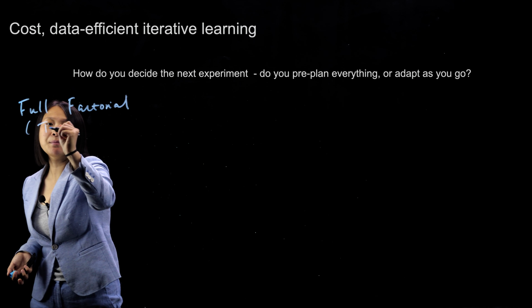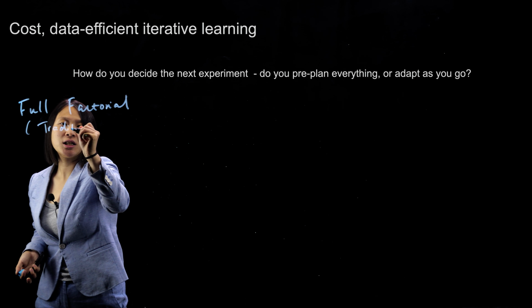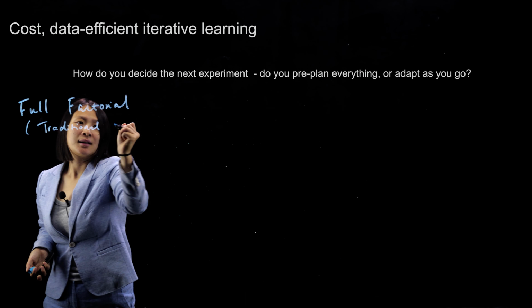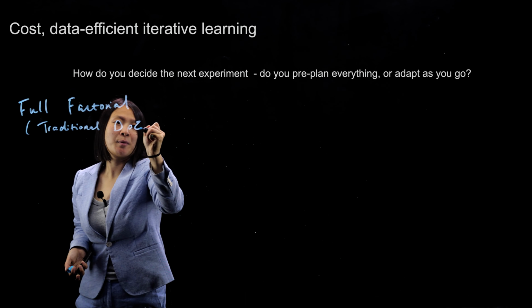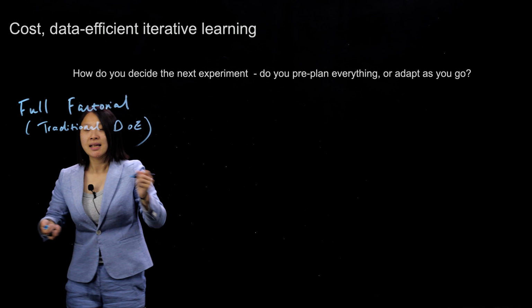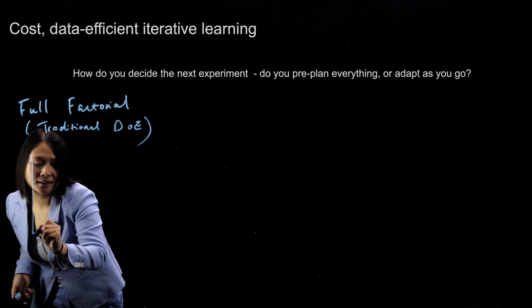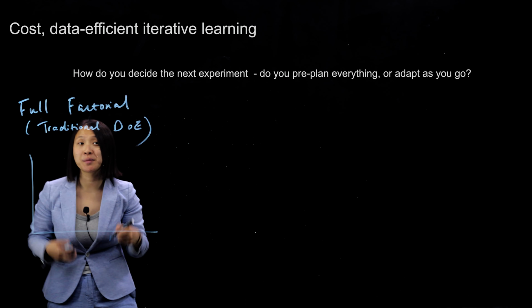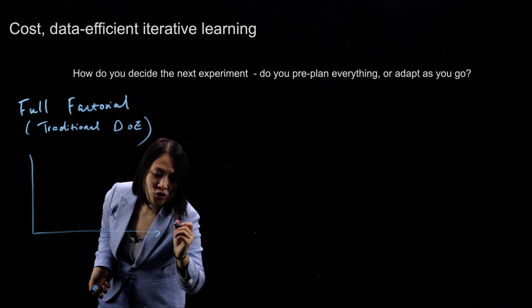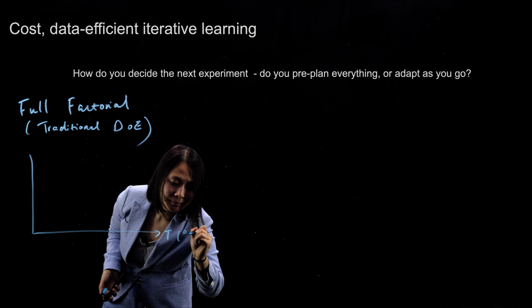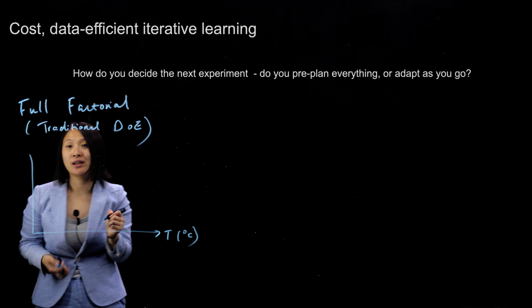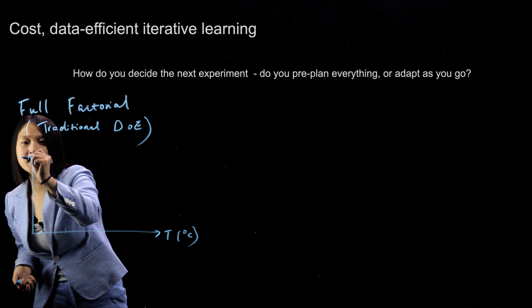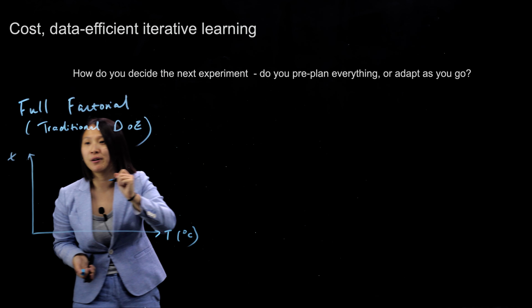So this is an example of the traditional design of experiment. Say we are in a process, again, to make our thin film semiconductors. We are interested in what temperature we need to use, and also, let's say, the time of the annealing process.